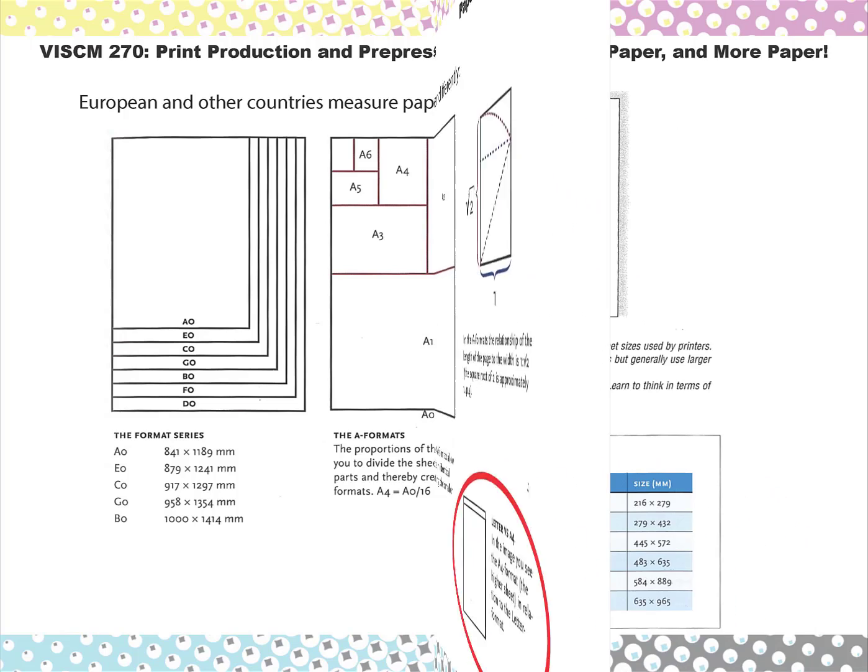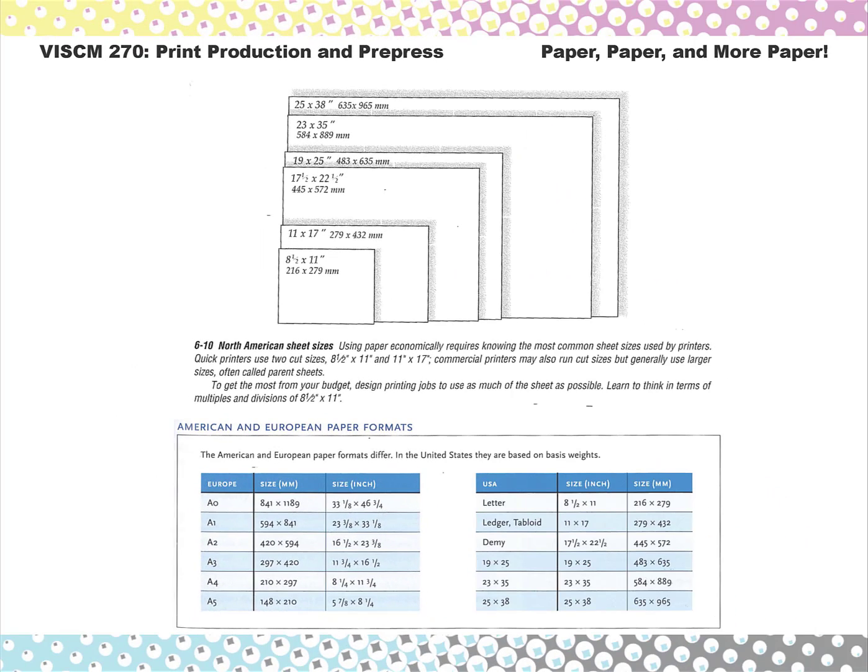Looking at the North American sheet sizes, you can see we've got our standard 8.5 by 11 paper, and if you take that and turn it sideways and put two together, you get an 11 by 17. That's pretty standard. From there it starts to break down a little bit, because you can turn the 11 by 17 sideways and fit two next to that. You'd get 17 by 22, but the actual standard is 17.5 by 22.5.